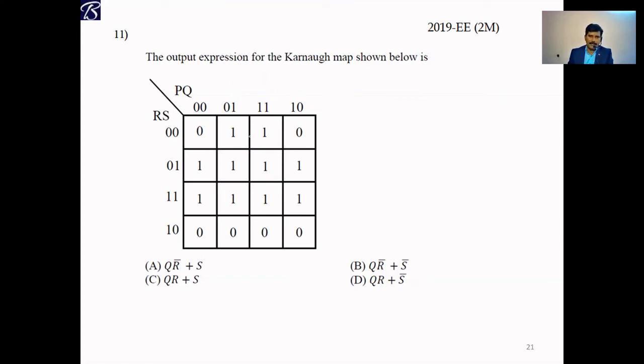Coming to this first one, what is the maximum possible group we can form? This is the only one quad, so let us group this one. Coming to the next one, what is the maximum possible group? This is one octet.